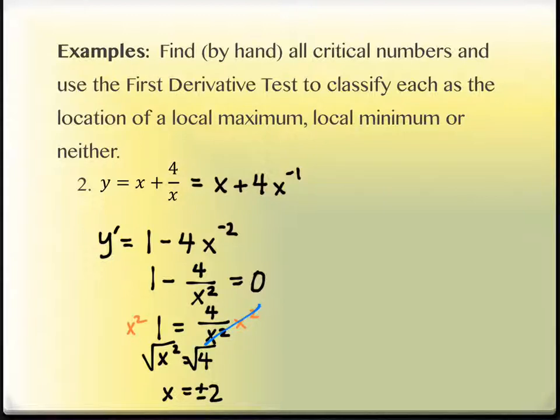Alrighty then. There's one other critical point. Any idea what it might be? It is 0, Josh. Why did you think 0? Yeah, anytime we have denominators, they do tend to cause problems, variables and denominators.